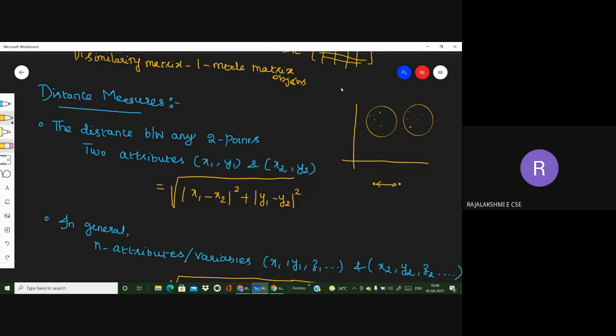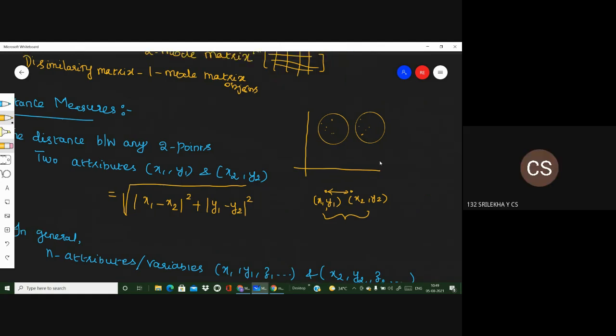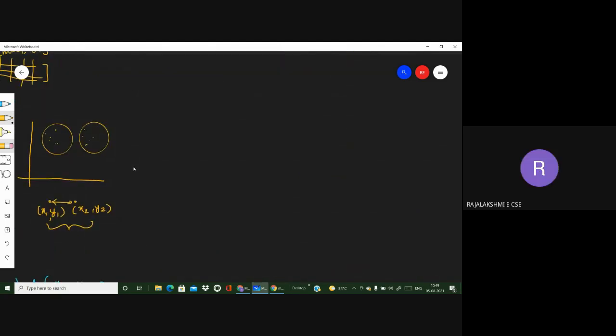What is it? For this particular point I will name it x1 y1, and for this point I will name it x2 y2. Then the distance between these 2 points, what is the formula? Root of x1 minus x2 the whole square.